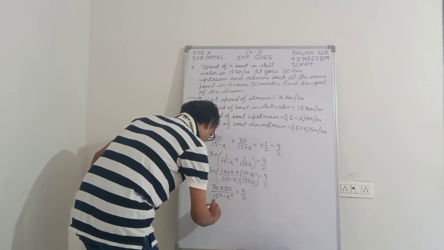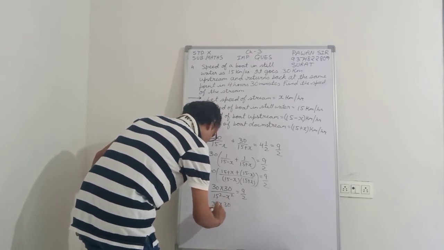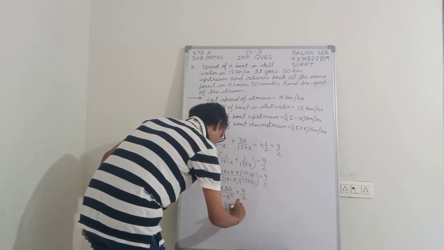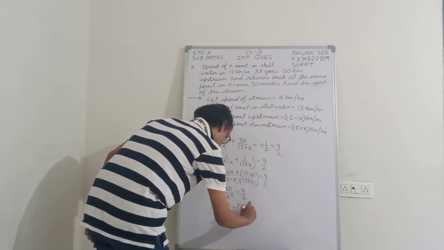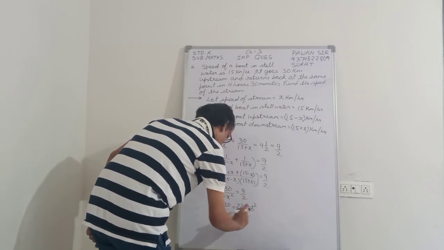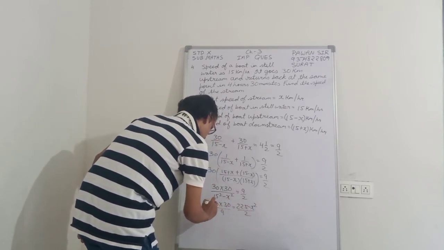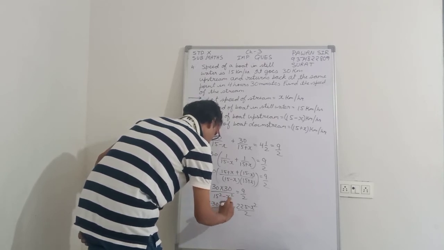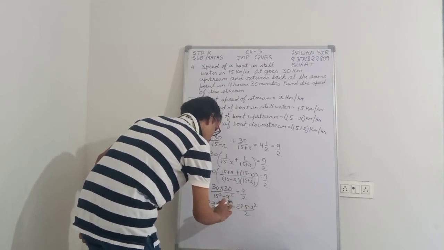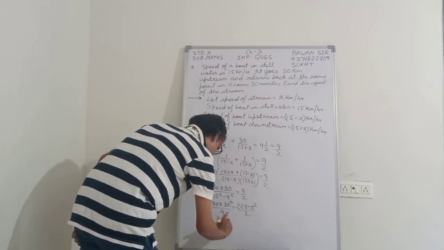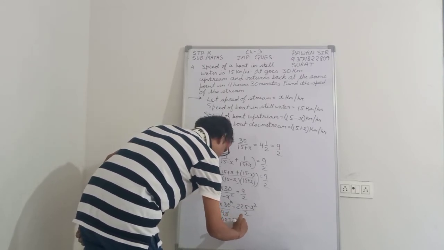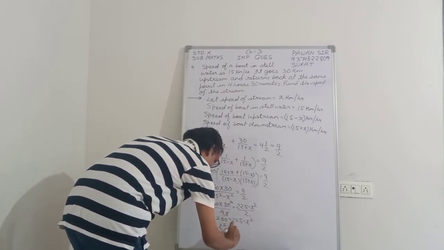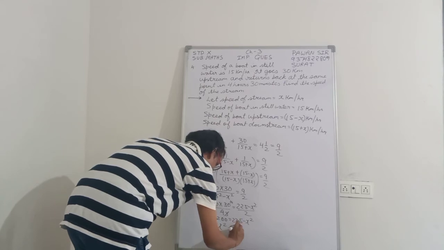So 30 into 30 upon 9. Take 9 this side. This is 225 minus x square upon 2. So divide by this. 3 tens are 30, 3 3s are 9, and again 3 tens are 10 tens are 100, into 2, 200. 200 is equal to 225 minus x square, or we get x square, it is equal to 25.